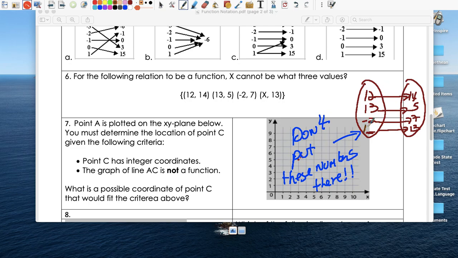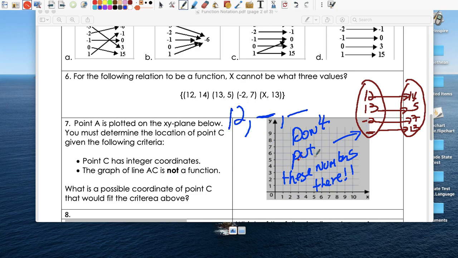If I put a 12 in here, would that be okay? No. Why not? Because 12 is already going to 14. If I put a 12 here and say it's going to 13, I have the same 12 going to 2 different outputs. And that's a no, if you want to keep it as a function. So 12, don't put 12 there.